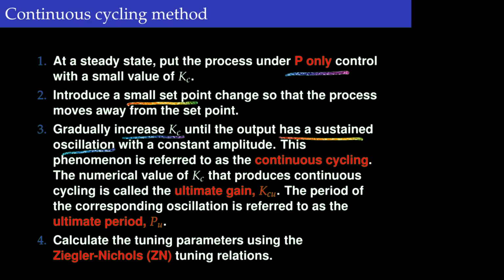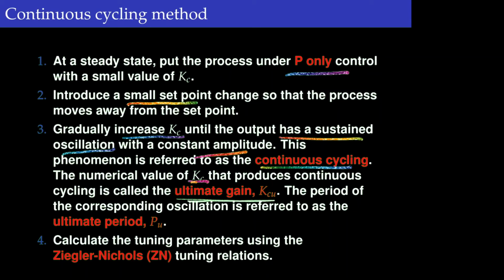That's what is called sustained oscillation with a constant amplitude. This phenomenon is called continuous cycling. When this continuous cycling happens, the gain at which this takes place is called the ultimate gain. So we need to get the ultimate gain for the process, meaning the value of the gain at which we get continuous cycling.